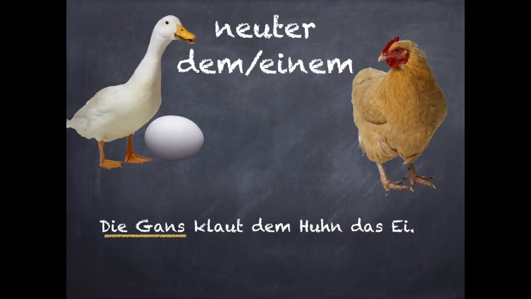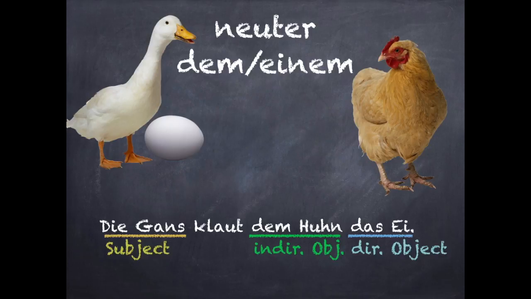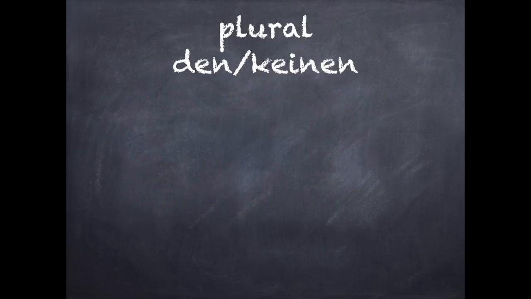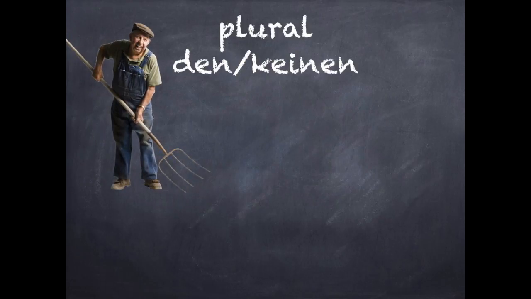So now die Gans becomes the subject, and das Ei remains the direct object, and dem Huhn is the indirect object. So we can ask the question, wem oder was klaut die Gans das Ei? Whom or what does she steal the egg from? So dem Huhn.